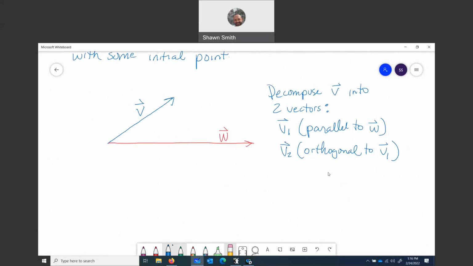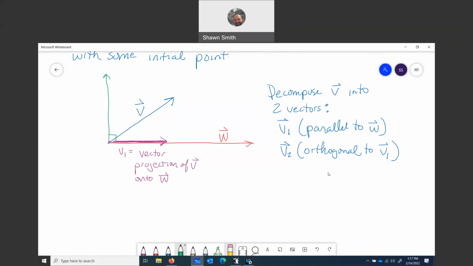So this would be V1. Let's put this in purple. That's V1, which is the vector projection of V onto W. And then orthogonal to V1 is V2.